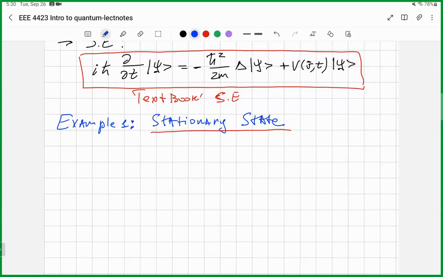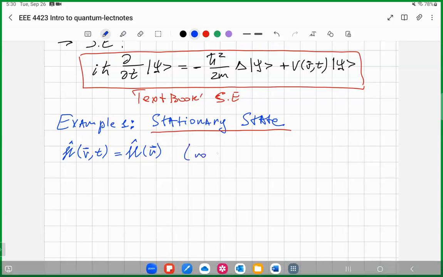So for the stationary state, what does it mean? It means that the Hamiltonian doesn't depend on time. So it can depend on r, but no dependence on time.